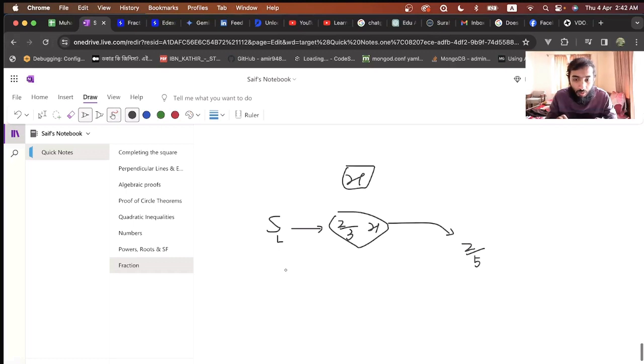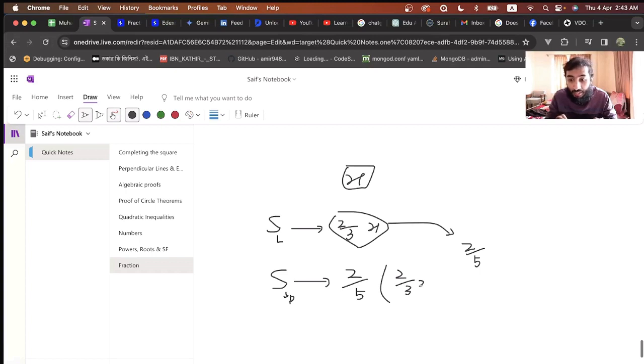So the students who study Spanish, let's label them SP. What are the students who study Spanish? They are 2/5 of the students who study a language.